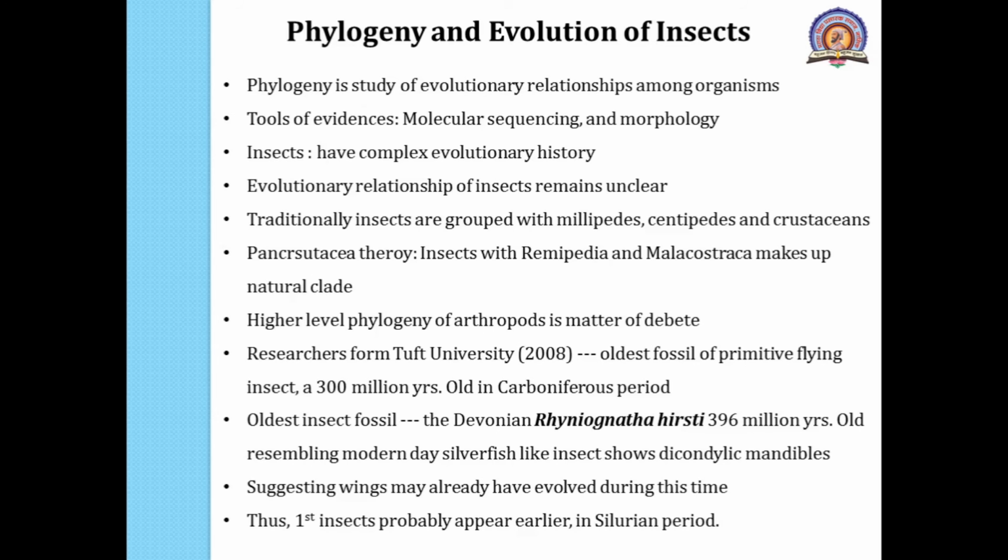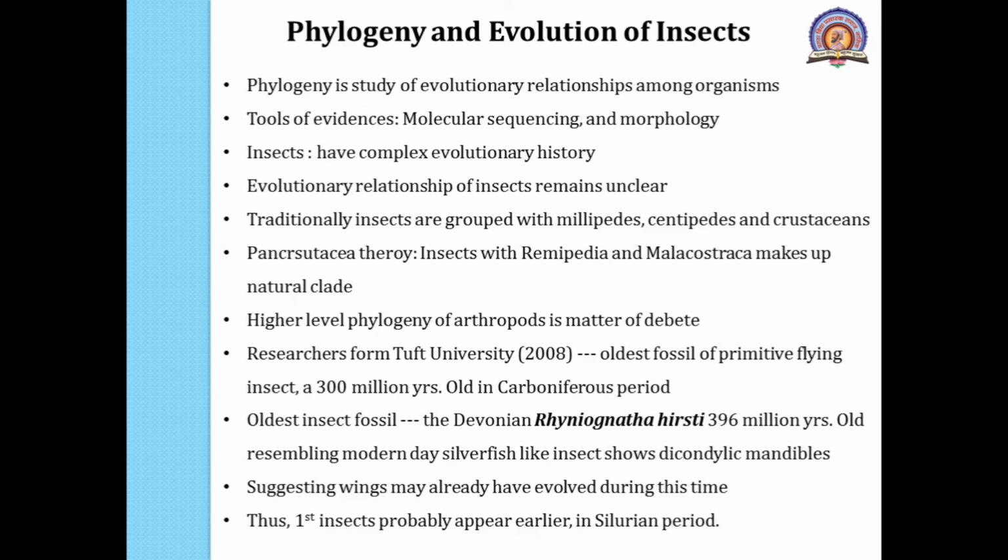It may have superficially resembled a modern day silverfish-like insect, and this species already possessed dicondylic mandibles. Dicondylic mandibles means there are two articulation sites for the mandible attaching with the head capsule; such a condition is referred to as a dicondylic mandible. And the fossil found from that age already shows the presence of dicondylic mandibles.